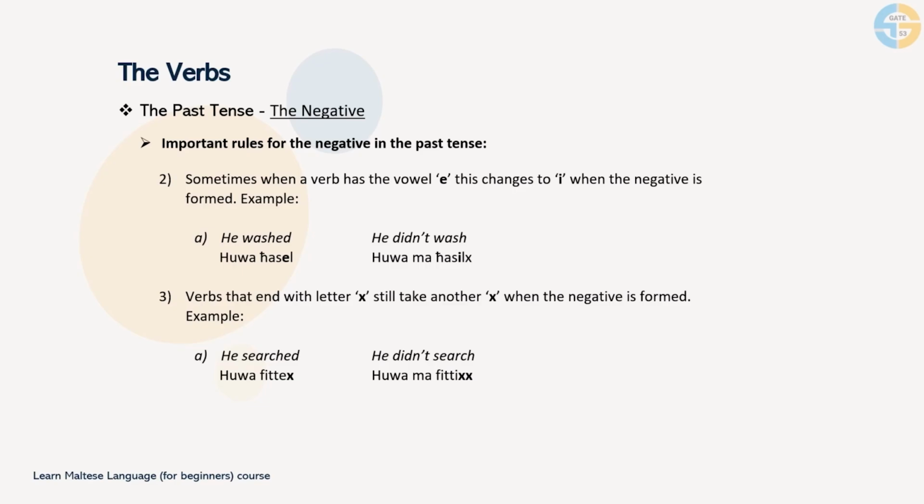Rule number 3. Verbs that end with the letter sh still can take another sh when the negative is formed. Example, he searched. He didn't search. So here the e has changed to another e.